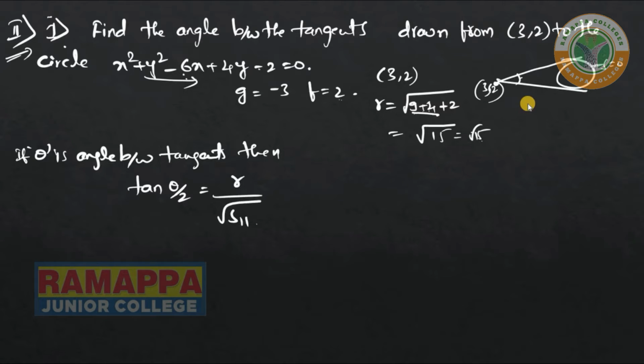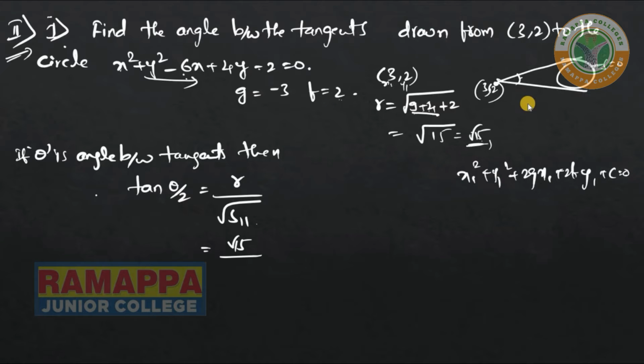So S11 means substituting the point into the circle equation: x1 square plus y1 square plus 2g x1 plus 2f y1 plus c. Here r is root 15, and we have to substitute the values of x1, y1.